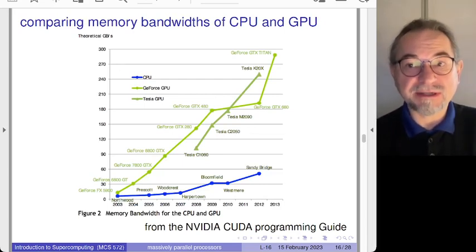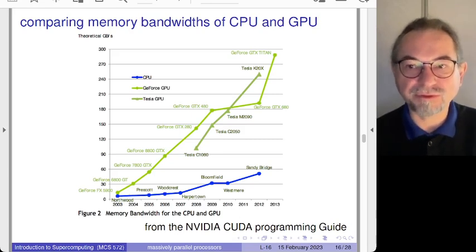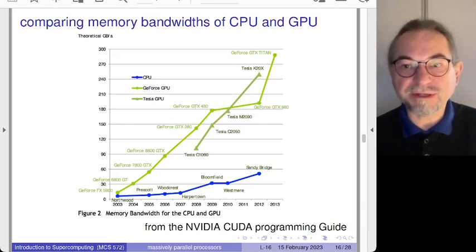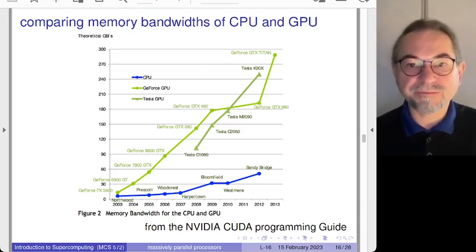Memory bandwidth is actually one of the killer features of GPUs. Many applications, I wouldn't say most, but many applications are memory bound, and there is a clear benefit, even if you don't really do much to your software, from the fact that the threads can read in the data much faster.